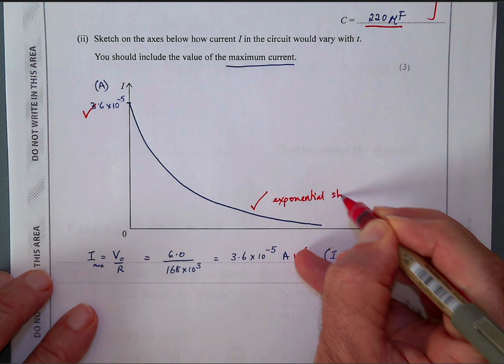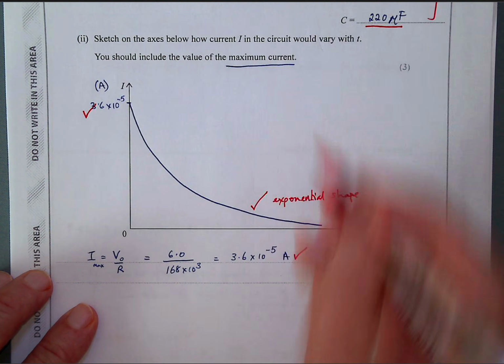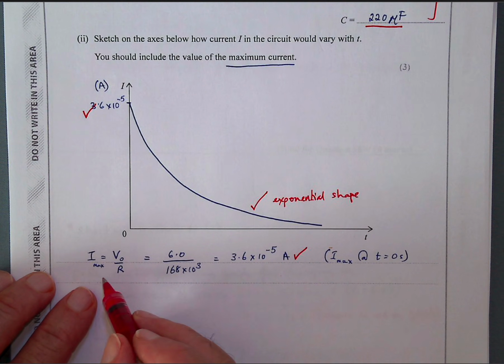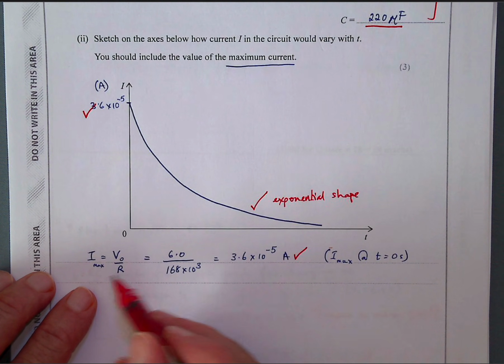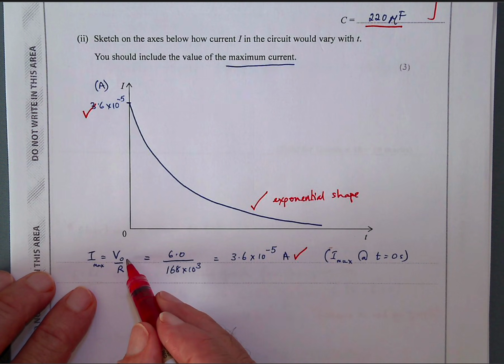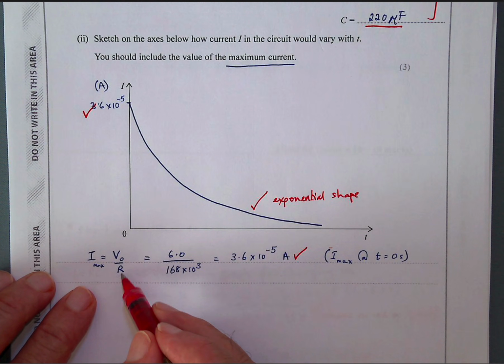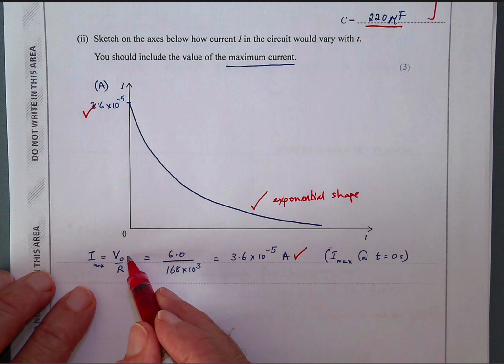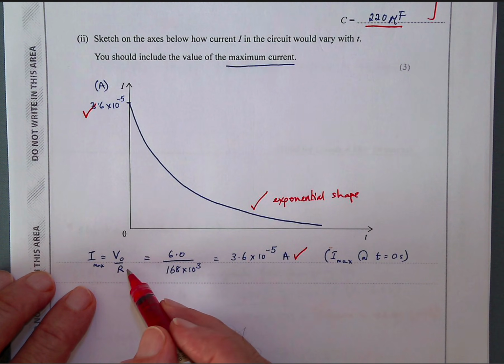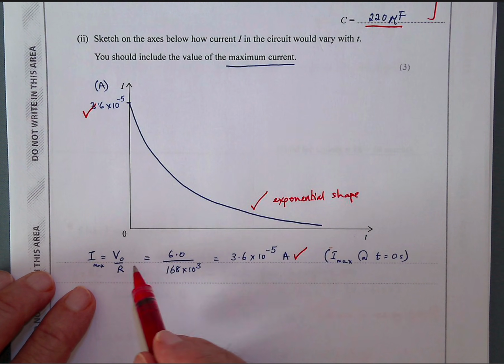And to work out the maximum current, the maximum current is when there's no resistance by the capacitor. So it's basically all the resistance is due to the resistor. So at that point, the capacitance is not really taking part.